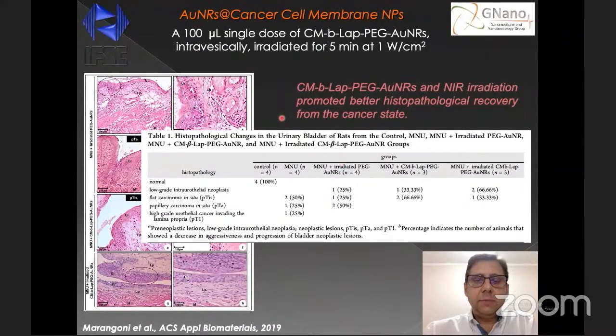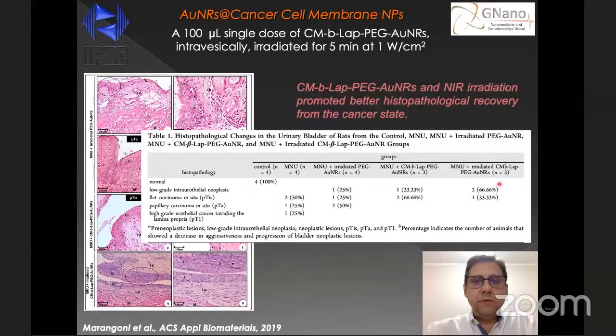After the period of induction of the tumors, a dispersion of the nanorods inside the cell membrane nanocapsules was injected as a single dose intravesically in the animals for the tests. After administering the nanocapsules, the tumor site of the animals was irradiated for 5 minutes with the laser line in the infrared region.